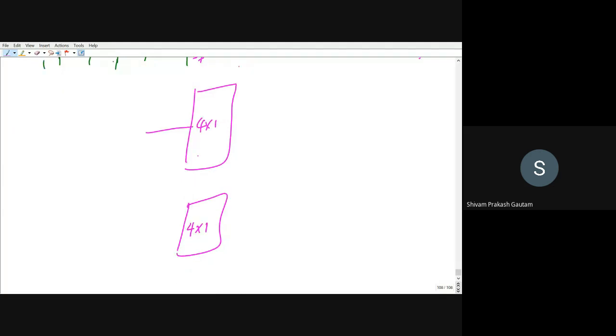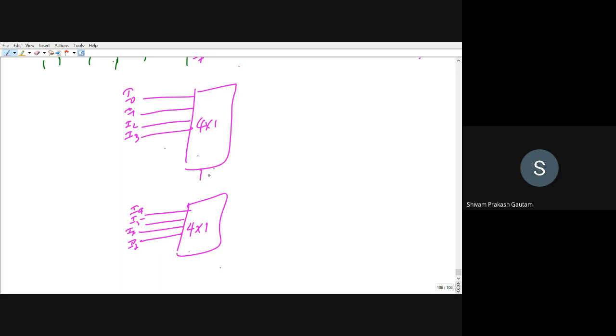There are 4 inputs in each 4 cross 1 mux, so let us say 1, 2, 3, and 4, and 1, 2, 3, and 4. Let us say these are I0, I1, I2, I3, I4, I5, I6, I7.